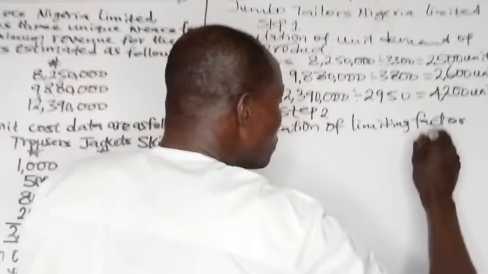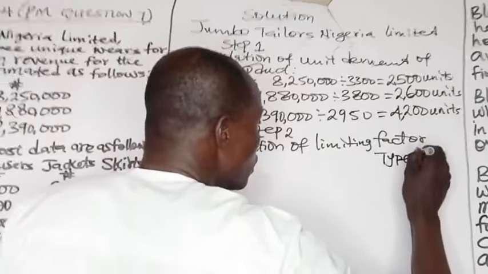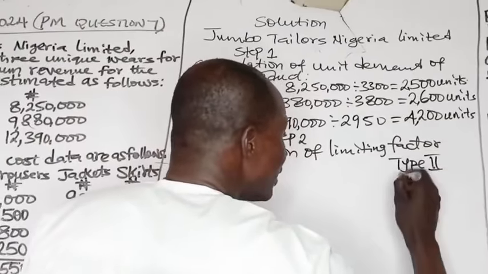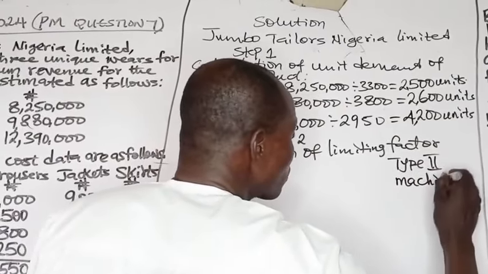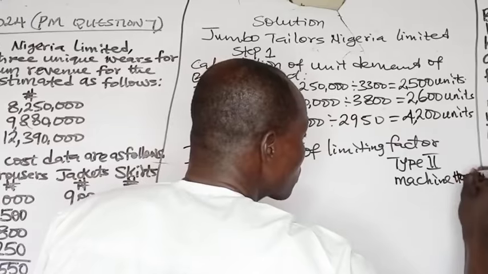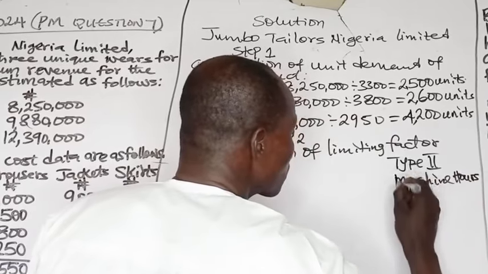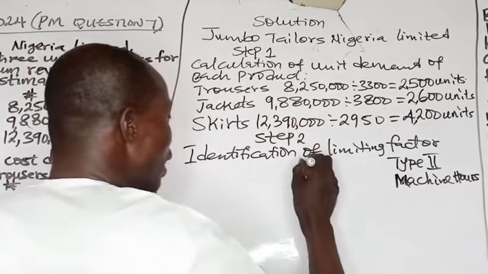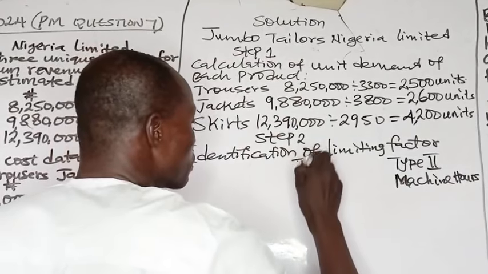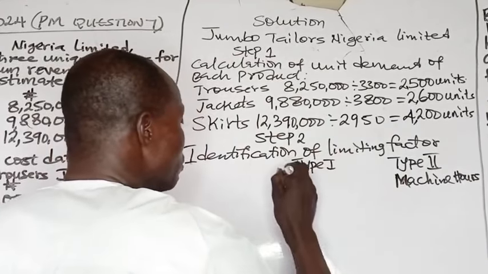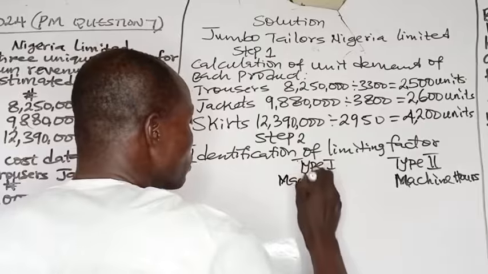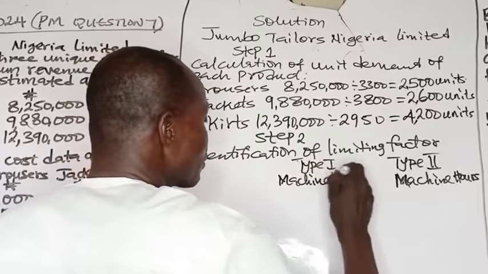Now let me have type 2 machine hours. Then we also have type 1 machine hours.